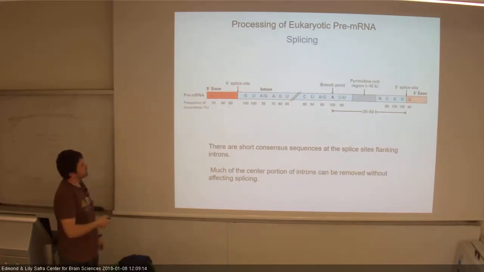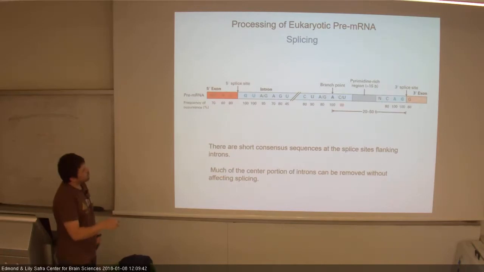If we look at a typical pre-mRNA, this is the frequency of occurrence, meaning the frequency with which we see each base at a splice site, the junction between an intron and an exon. In 100% of the cases, you will always have a GU at the beginning of an intron, and you will always have an AG at the end of an intron.